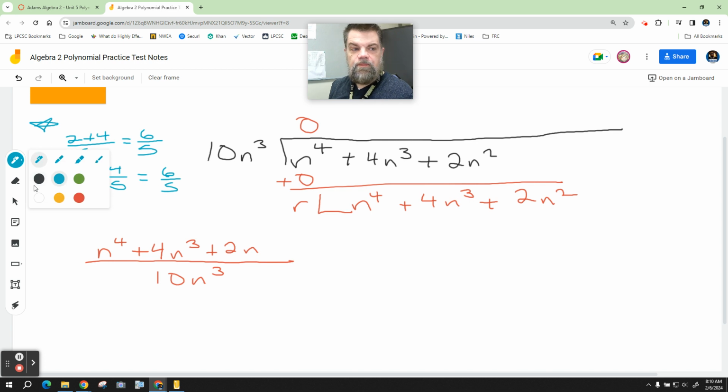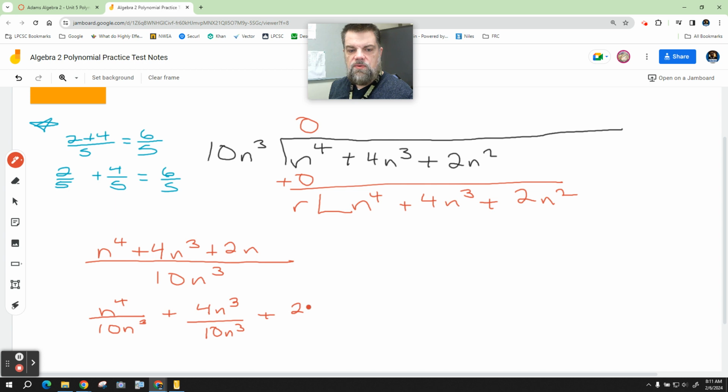We're going to take this and rewrite it as n to the fourth all over 10n cubed plus 4n cubed all over 10n cubed plus 2n squared all over 10n cubed.